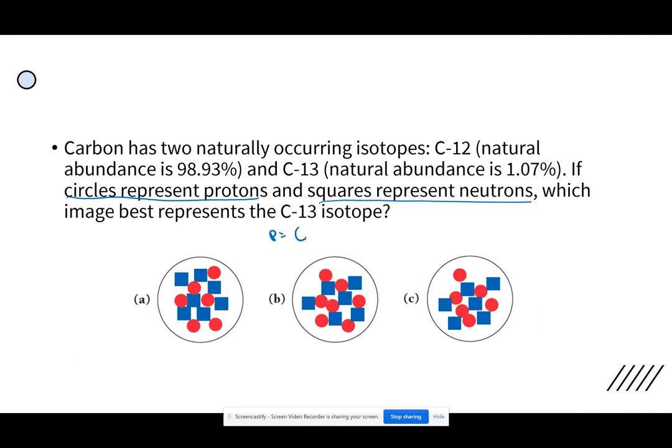We know that there's going to be 6 protons because carbon's atomic number is 6, and there's going to be 7 neutrons because that's how we get to the mass number of 13. So I'm looking for 6 red circles and 7 blue squares, and the one that has 7 blue squares, 6 red circles is A.